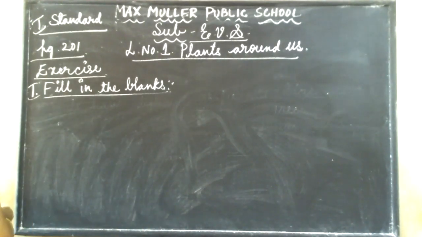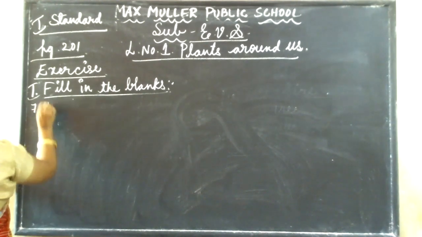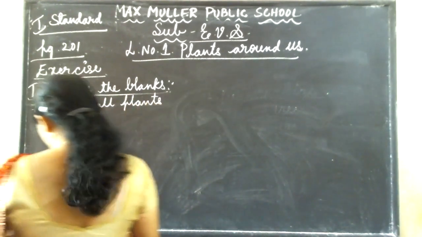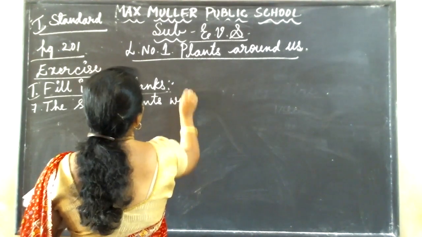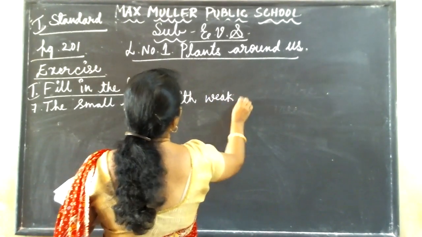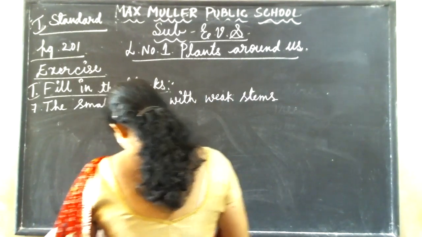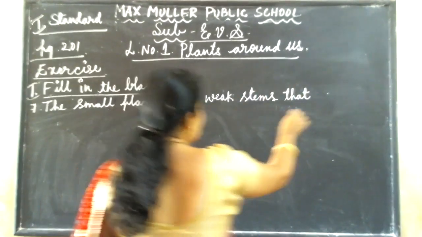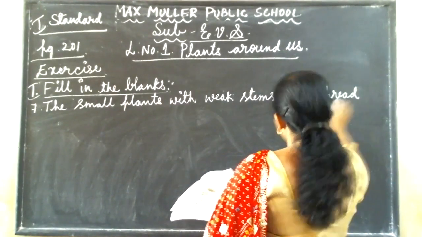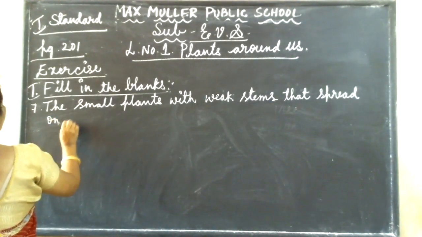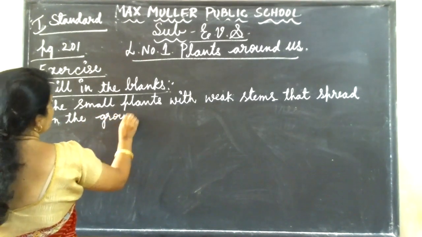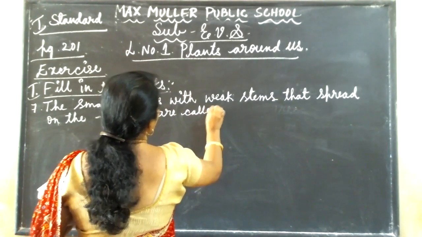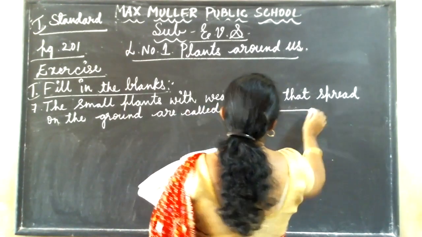The small plants with weak stems that spread on the ground are called dash.